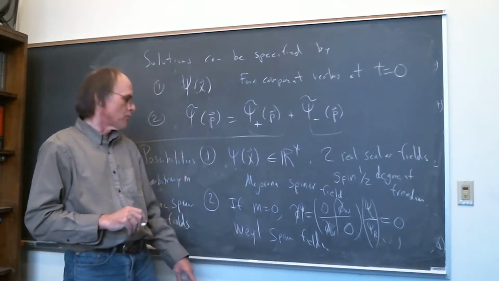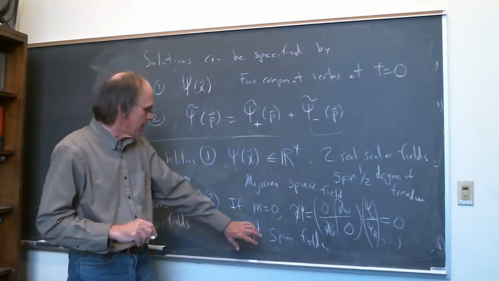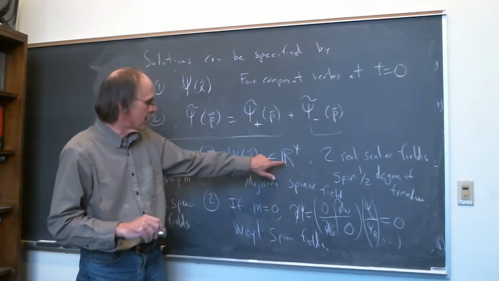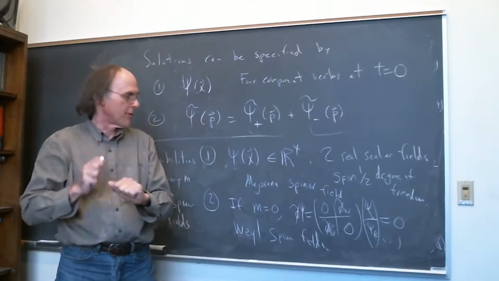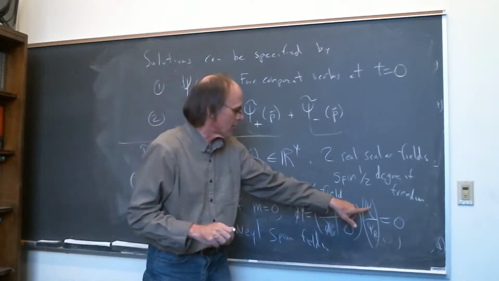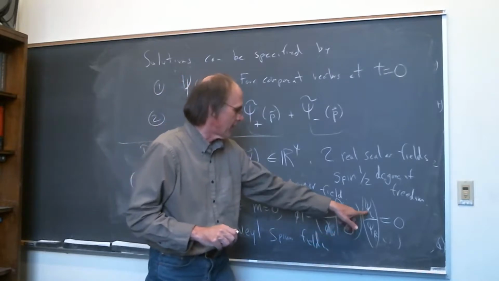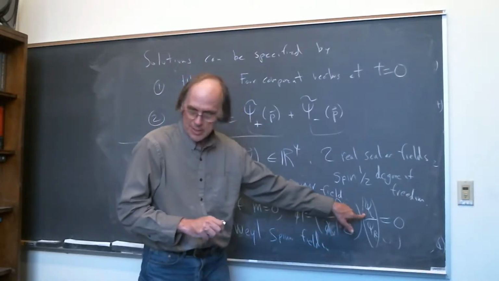And these are in some sense the same degrees of freedom as these guys, just organized differently. So here I'm just restricting to a C2, and so my fields are taking values in a C2 at each point.